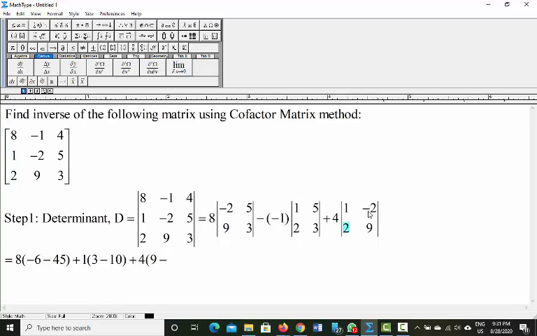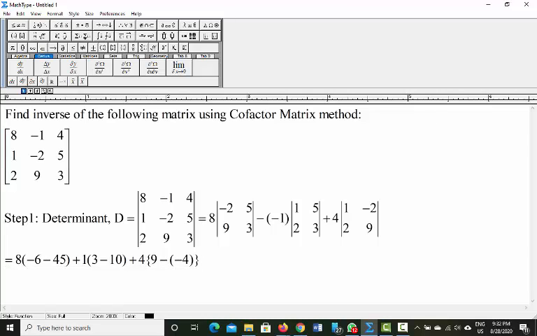If you multiply these, you will get minus 4, and there is another minus here. Minus a plus. Let me write another step here. So here we will get minus 4 like this.